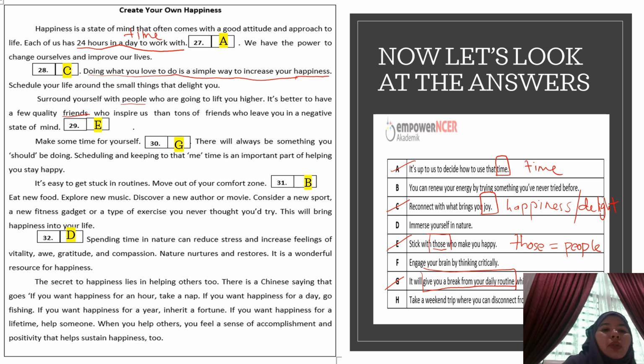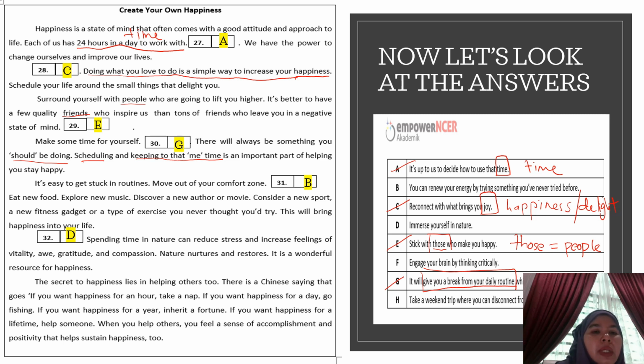Okay, scheduling and keep to that me time. So it will make you happy when you spend some time doing the things that give you a break from your daily routine.